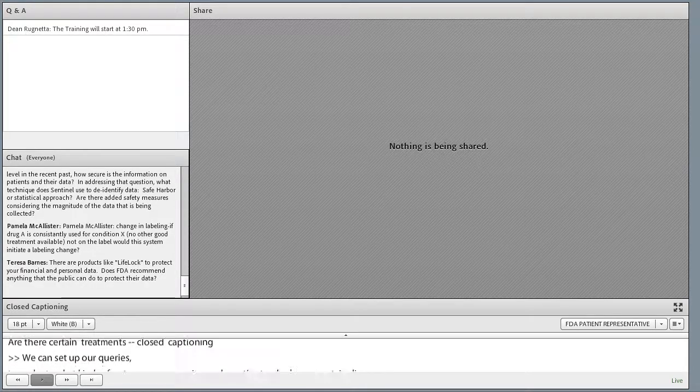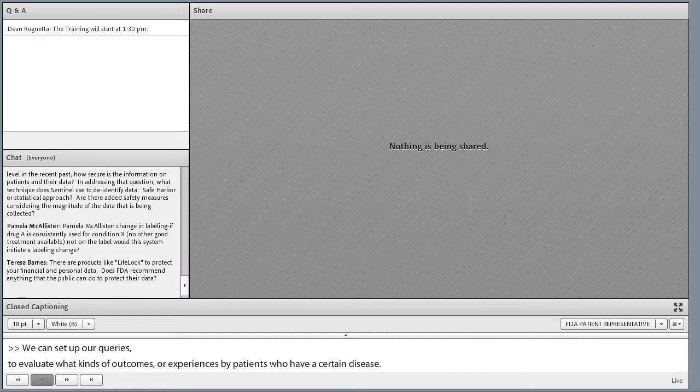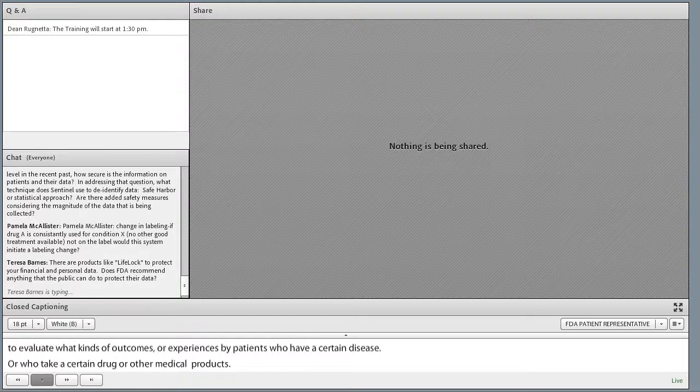So yes, we can absolutely do that, and we have done that to inform regulatory decision making. We know that cancer-related medical outcomes are a huge priority, and that's an area of expansion that we're looking to as we continue to move forward.